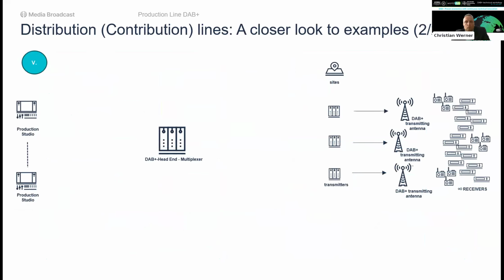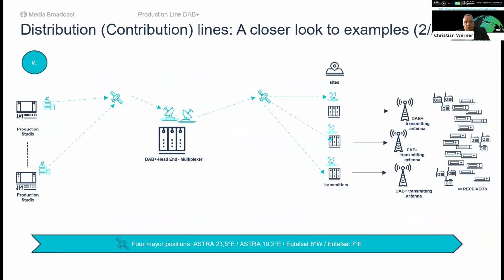Well, coming to further contribution distribution, the picture I've shown before, satellite capacities. In Germany, we use them for the national multiplexes. The public broadcasters for their networks use it also. It depends on the cost and on the quantity of your sites in your multiplex.